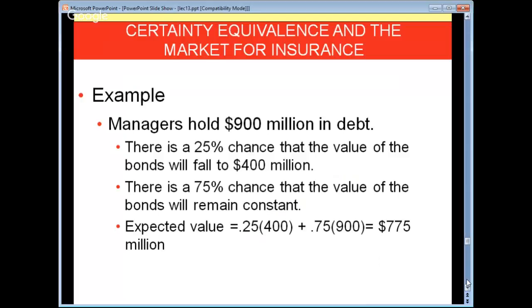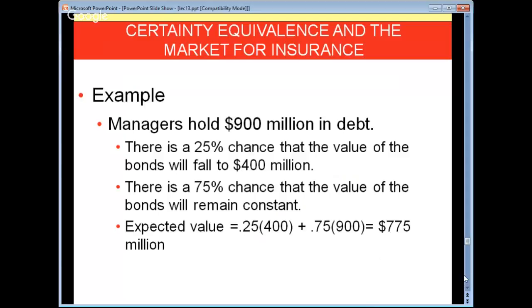Okay. So the expected value of this is pretty straightforward. 0.25 times 400,000 plus 0.75 times 900,000 gives me an expected value of those bonds of $775 million. That's the expected value of these bonds. How much would you pay me, or how much would you have to offer me to sell it to you?